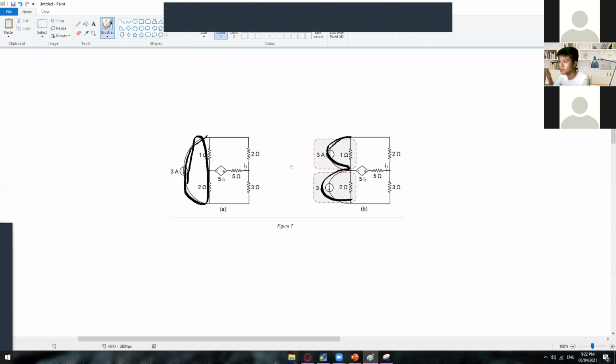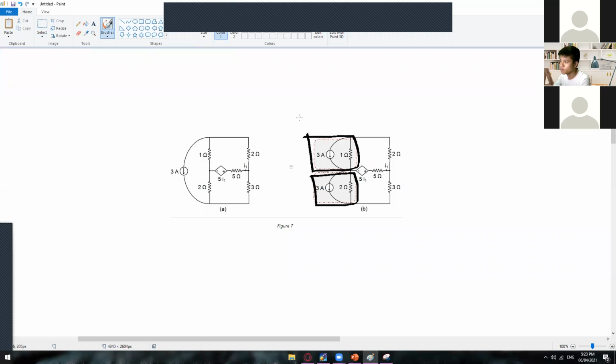So the current that is flowing on this side is the same on this side: 3 amps and another 3 amps right here. From there, we can now easily convert this current source into a voltage source.